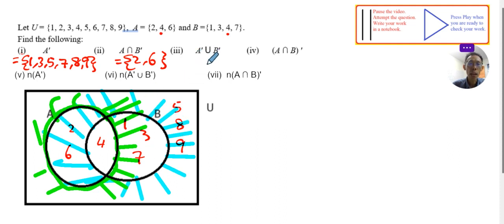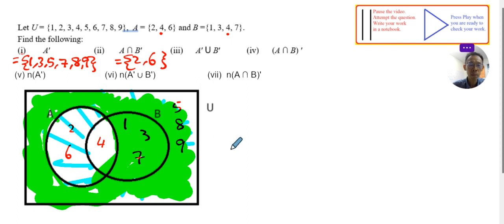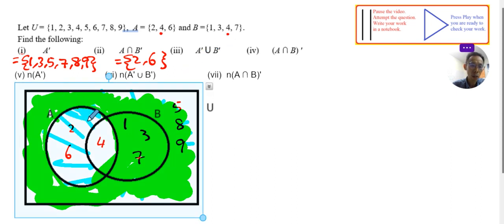Next one is not A union not B. Well, let me do this again with a different color. So I'm going to start by using this green. Green is not A. That means everything that is outside of A. So I'm coloring all of them. It's actually pretty fun for Venn diagrams because you can do a lot of coloring, right? And then after that, use blue. Blue for everything union not B. That means not B over here.